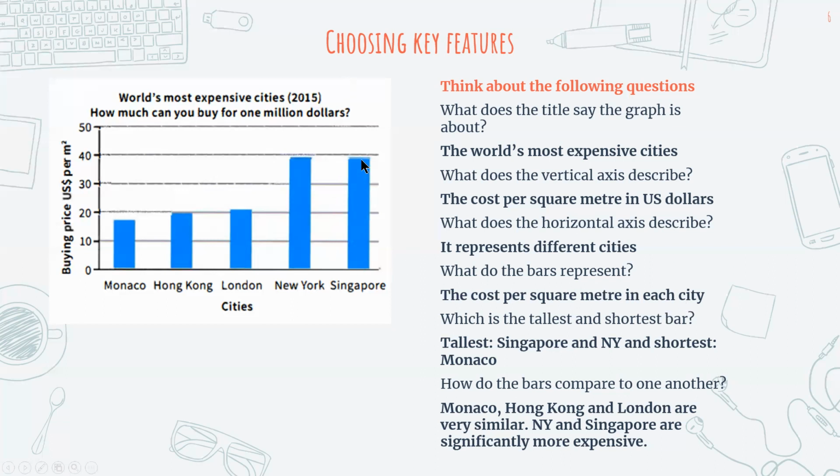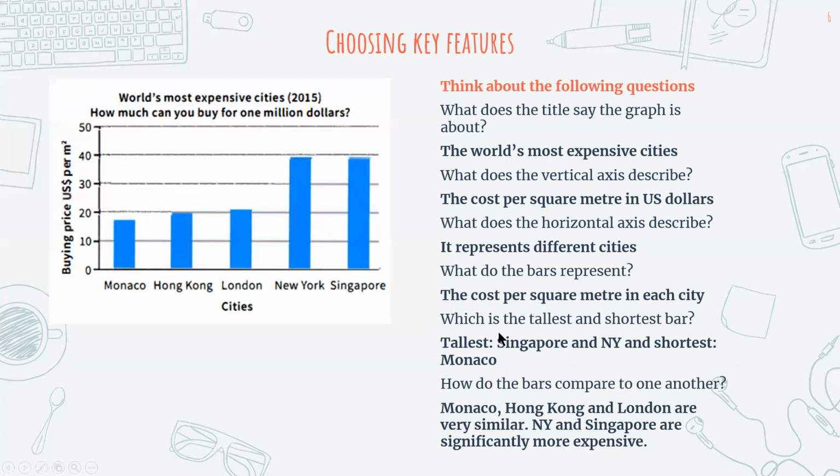Of course Singapore has the highest cost, almost 40. As you can see, this is 40, but the bar of this city is almost $40. It could be 39, so I could say almost $40.